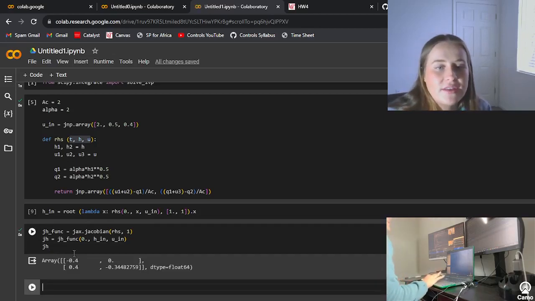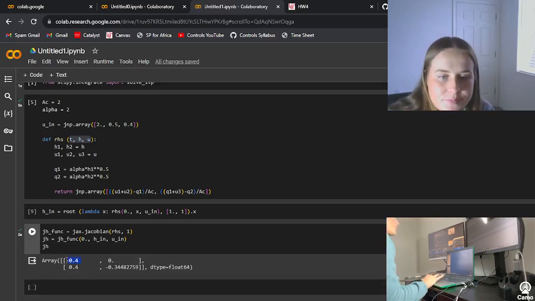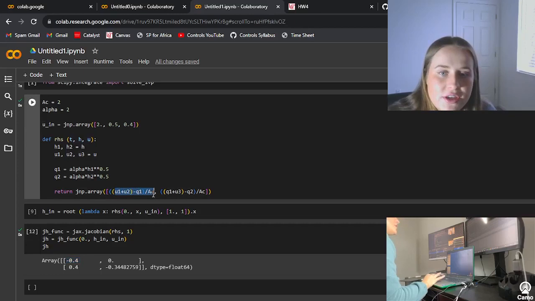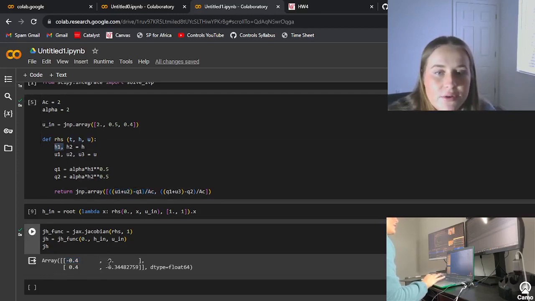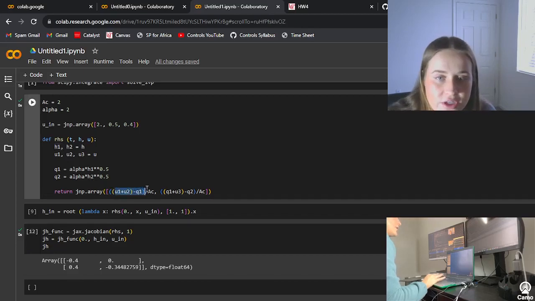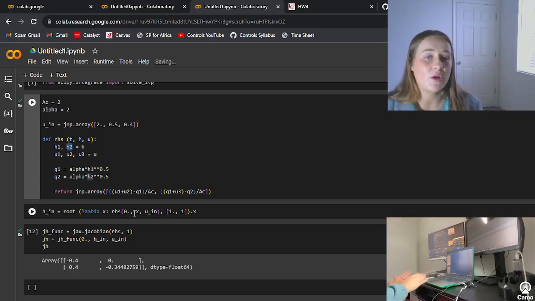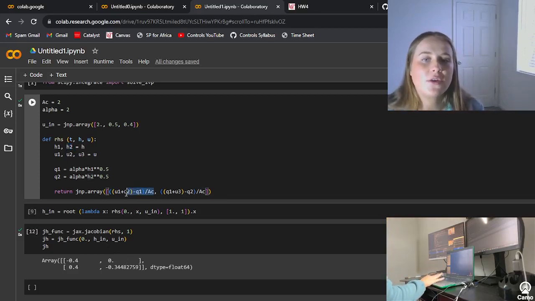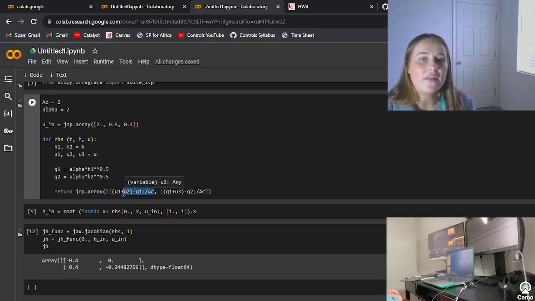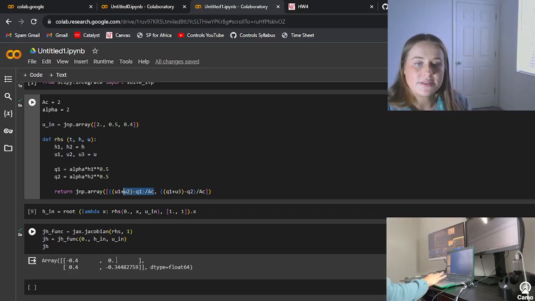Perfect. Okay, so these numbers right here. This number, this 0.4, is basically this first equation with respect to H1. This 0 right here is this first equation with respect to H2. However, notice that it's 0 because this is the equation for tank 1. Tank 1 does not rely on the height of tank 2. So that is why this number is 0.